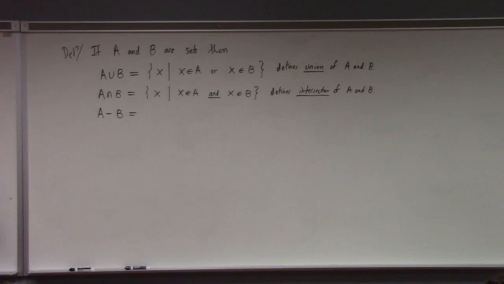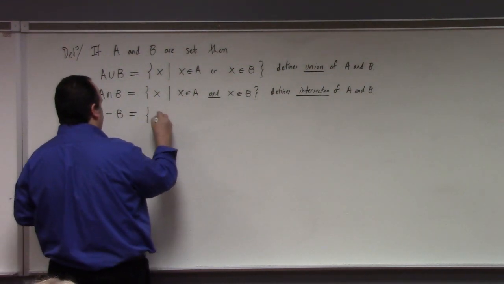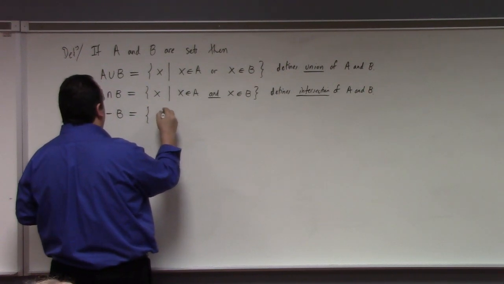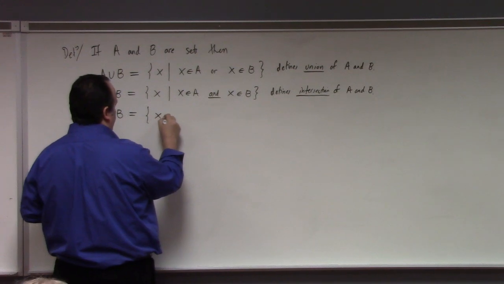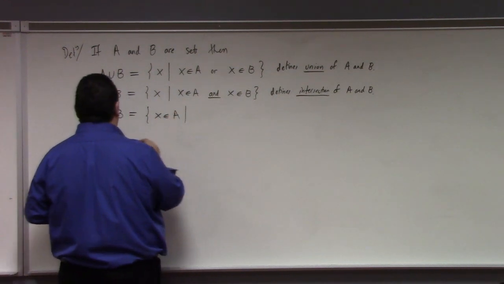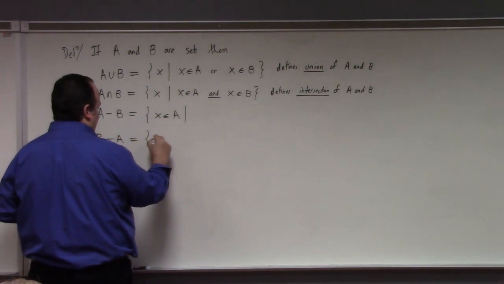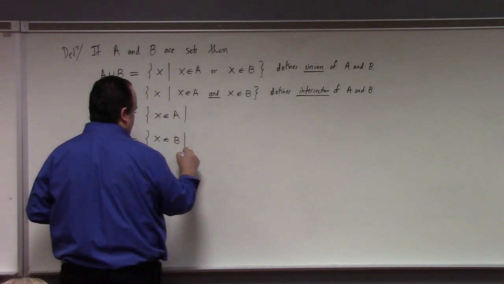This is set difference, A minus B. Other people have another notation, but I like the minus notation. So what we're talking about here is X in A such that what? In contrast, B minus A would be X in B such that what?